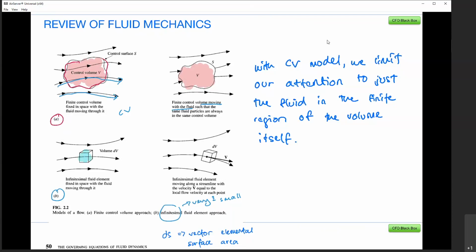For the second one, the volume again is fixed in space and the flow is moving around it. And for the second model, the small element is moving along with the flow. So we are going to use the control volume assumptions and also the infinitesimal fluid element assumptions to derive the continuity equations and the momentum equations.